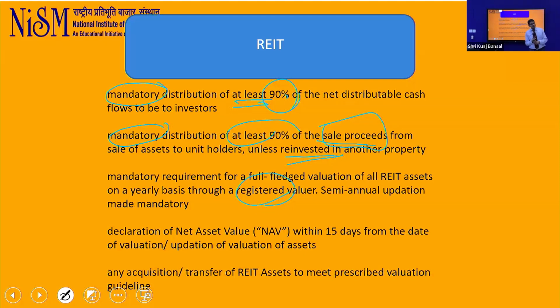AIF, Alternative Investment Fund, is a product which has a minimum of 1 crore. Coming below that, PMS, Portfolio Management Services, is a product generally for investing in equity, can be used for investing in some other asset classes also, and has a minimum of 50 lakhs. Coming below that, as we saw earlier, when we invest in SIP, there is a minimum of 500.